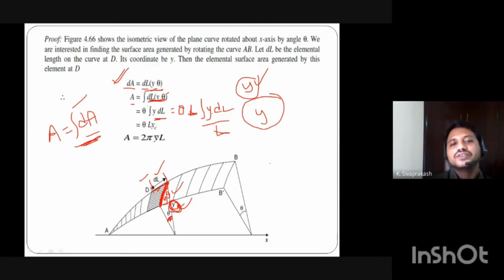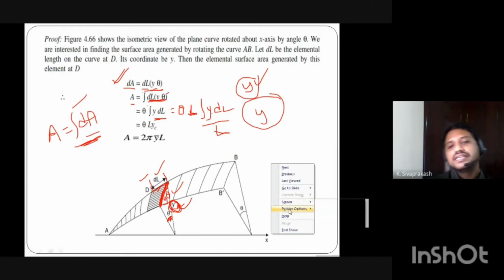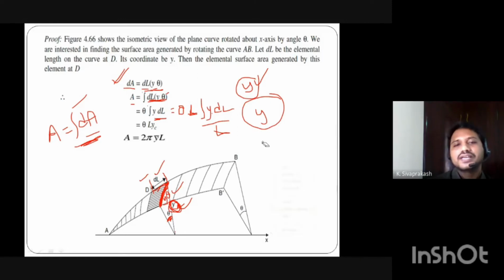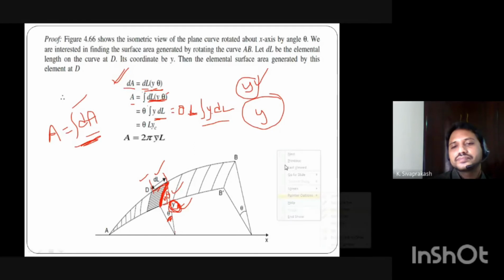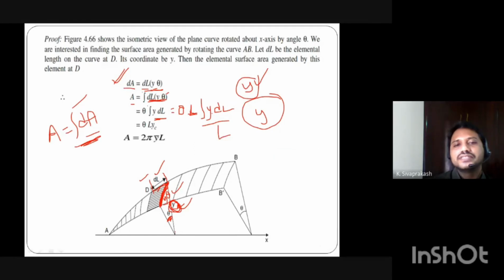Why are we multiplying with the same value? Because if you multiply with L and divide with L here, the function will be integration y into dl, which is the first moment of length divided by total length. It will give the centroid position of the entire curve.